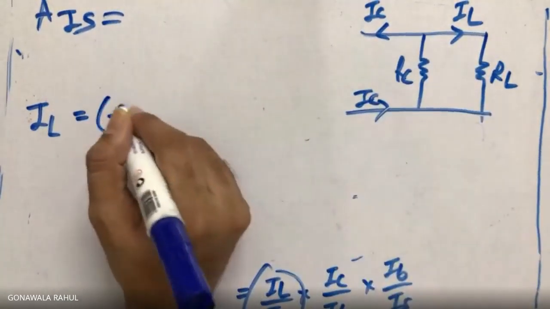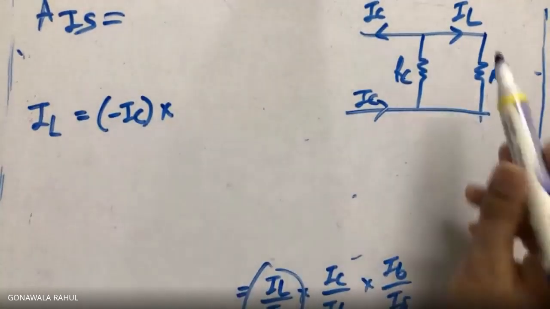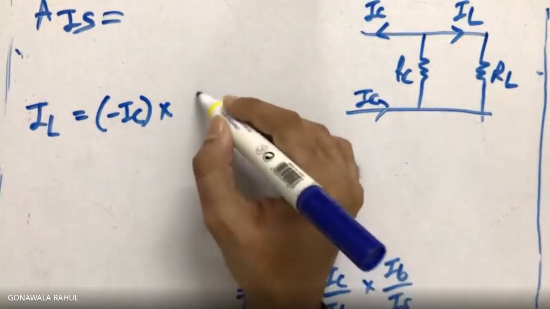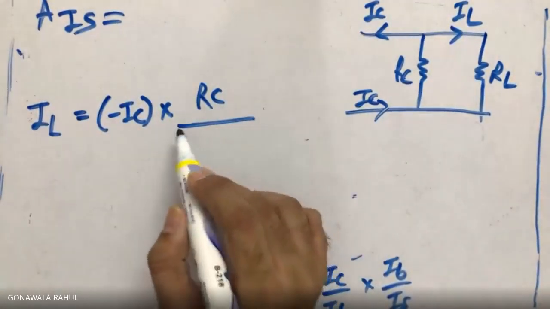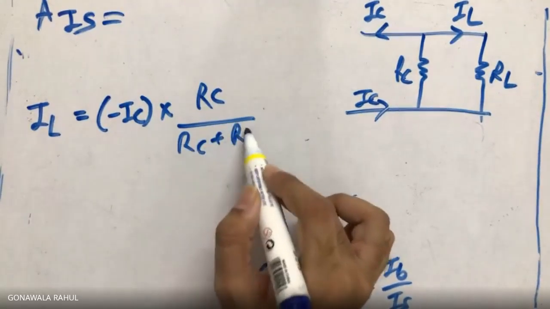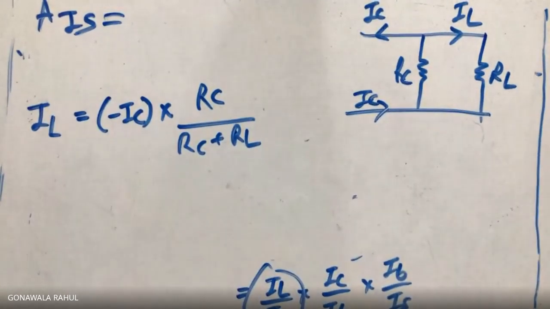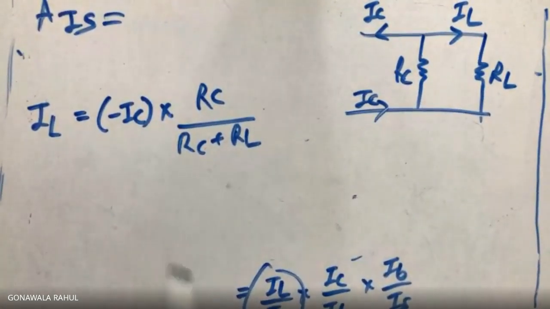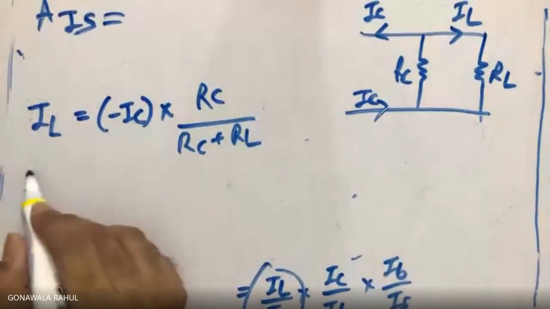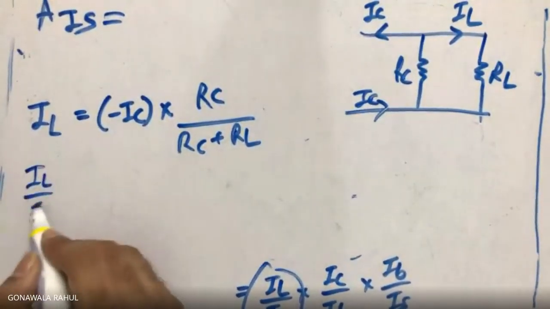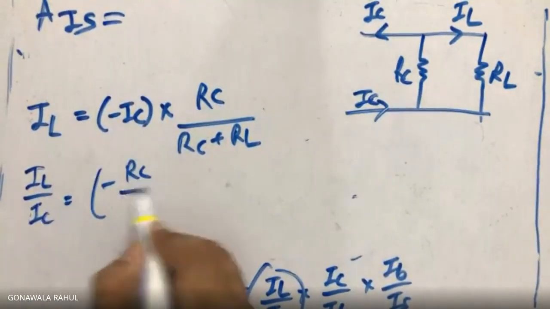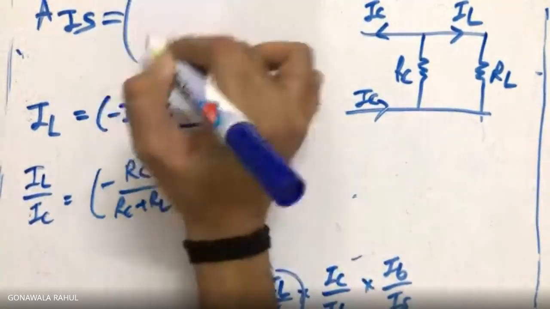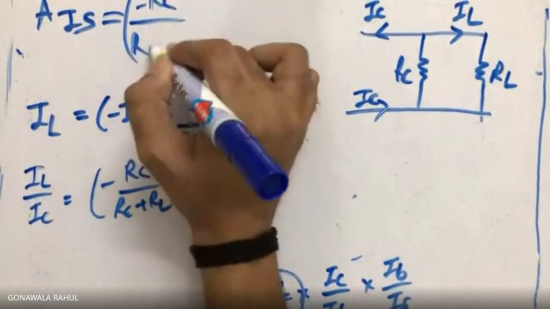So IL is equal to minus IC into, since the load current is flowing through this, we take the opposite resistor, RC, and in the denominator the total. This current divider rule we have already studied in basic electrical engineering in semester 1, so I am applying it directly. So I can have IL by IC is equal to minus RC upon RC plus RL.